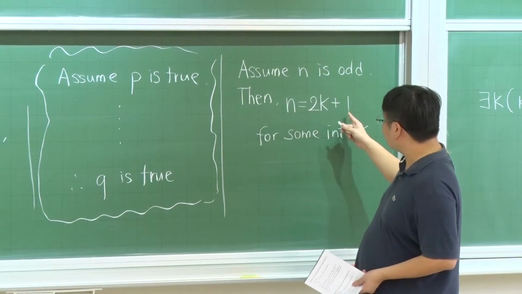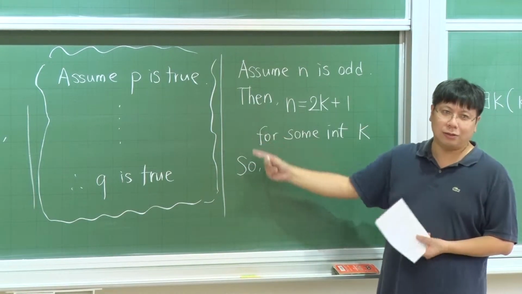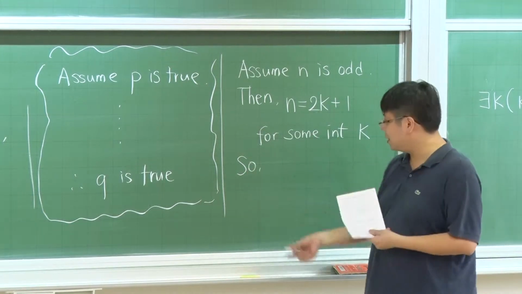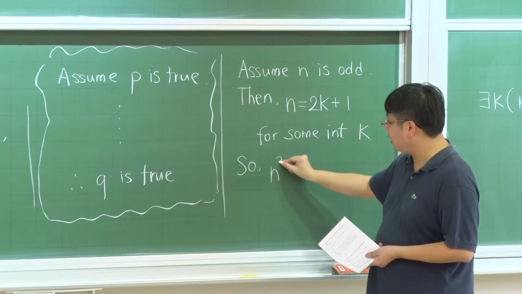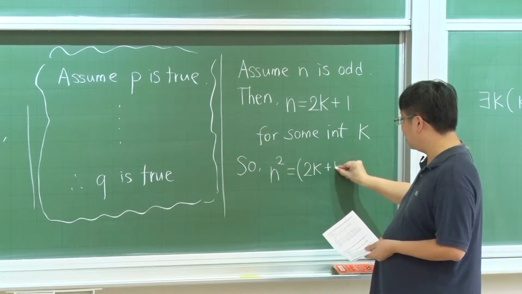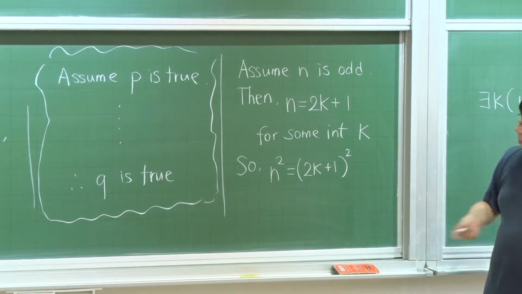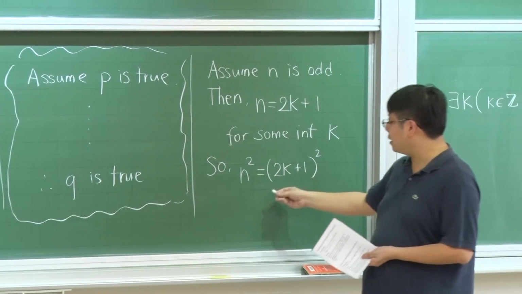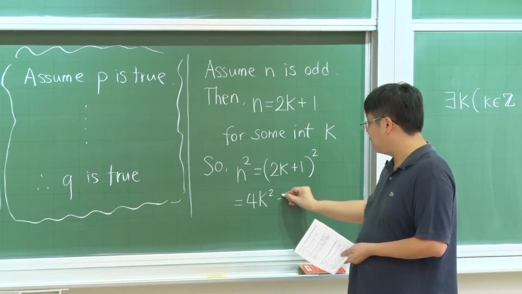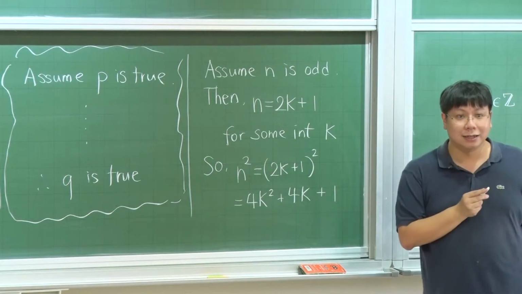If n is equal to 2k plus 1, so, therefore, whatever, make it readable, then n squared will be equal to (2k plus 1) squared. The best way to expand this is 4k squared plus 4k plus 1. Is that okay?